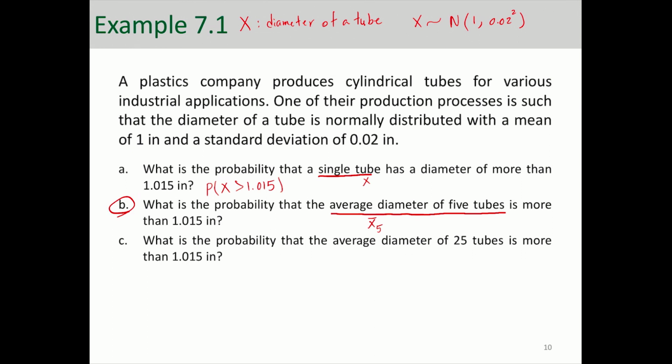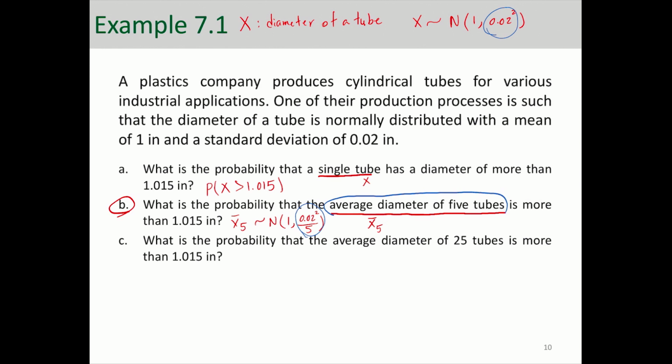Based on what we discussed earlier, we know that x bar 5 will follow a normal distribution with the same average and variance of 0.02 squared over 5. So there's a different normal distribution associated with x bar 5 rather than x, right? The variance changed because this is an average diameter of 5 tubes.